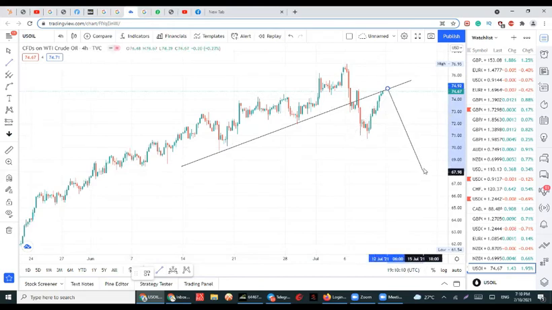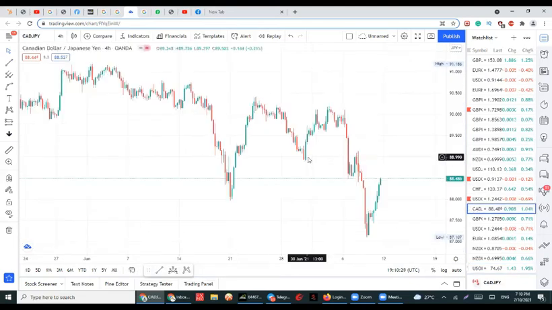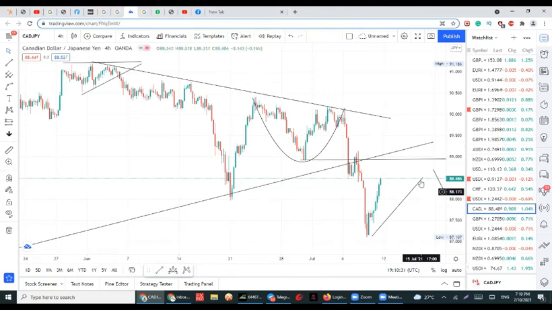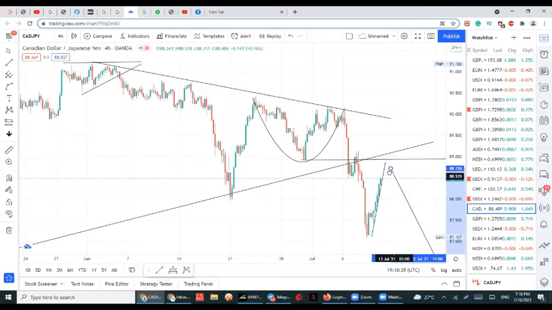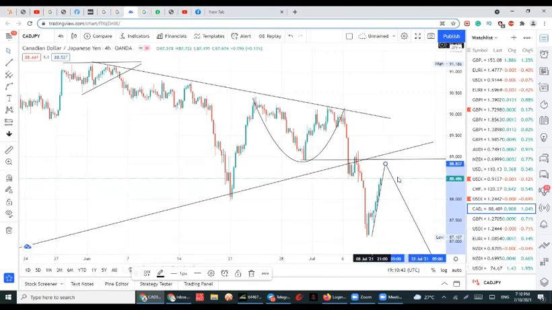We expect price to keep falling since the upside has been utilized already. So we expect weakness in oil, and if oil weakens, we then turn to the Canadian pairs. As you can see, we are looking for a pullback to test the general trend line that was taken out and then probably continue the sell. So that is CADJPY for you.